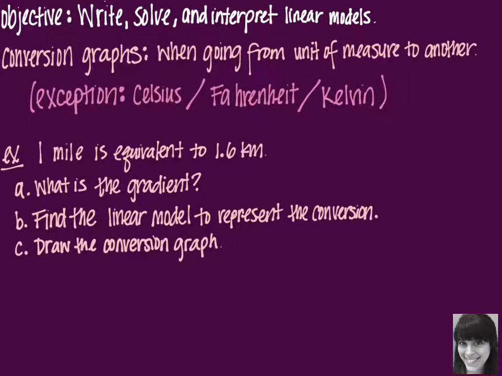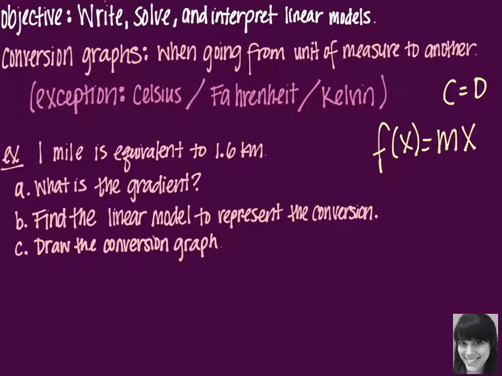So basically, you'll have a function that looks like this because c will equal 0. The reason why is because for most units of measure, like if I move 0 miles, I also move 0 kilometers, right? Both of those are at 0.